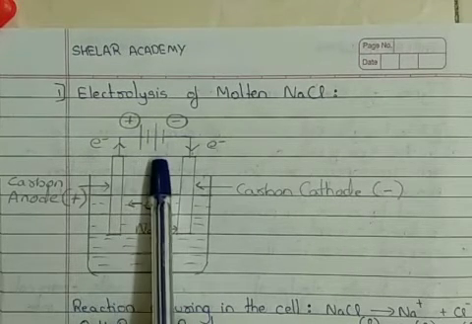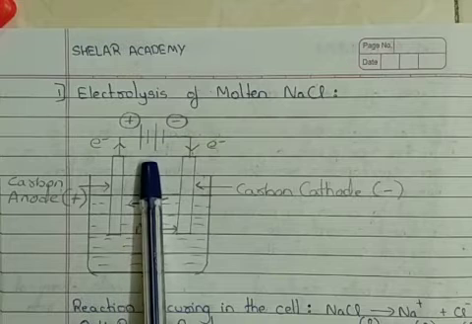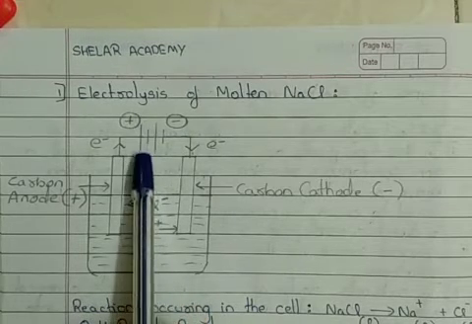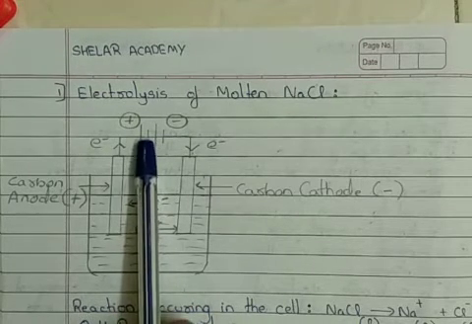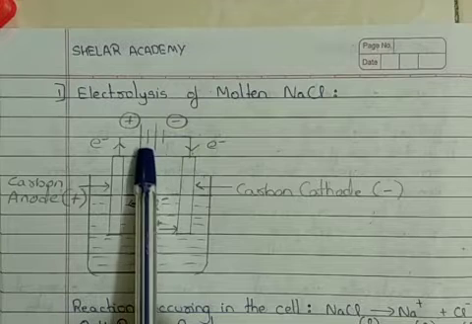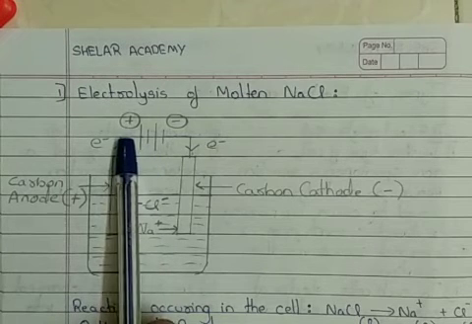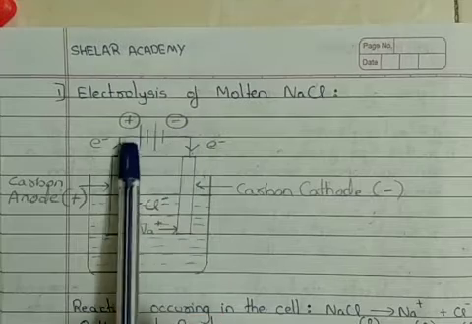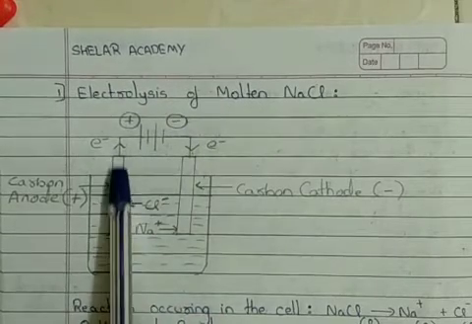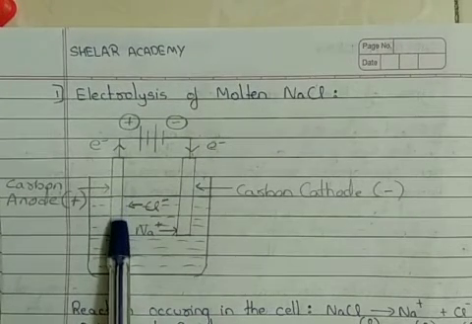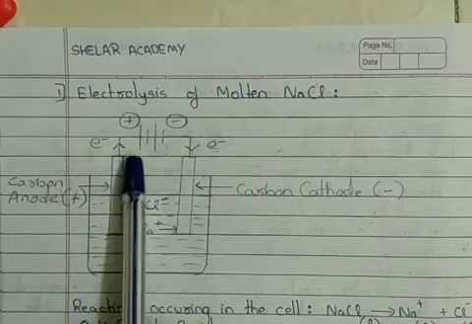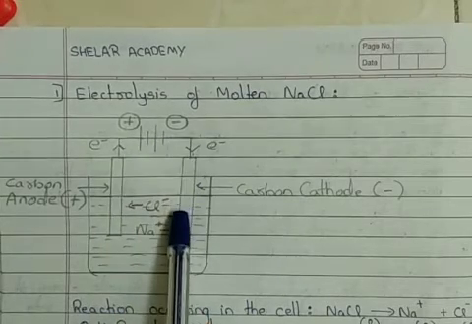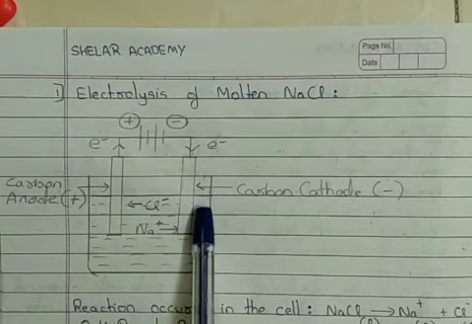Now when you draw battery, you should always keep it in mind that the longer or the big vertical line stands for positive and small vertical line stands for negative. So the positive end connected metal plate is your anode and the negative connected plate is your cathode, dipped into its electrolyte solution.